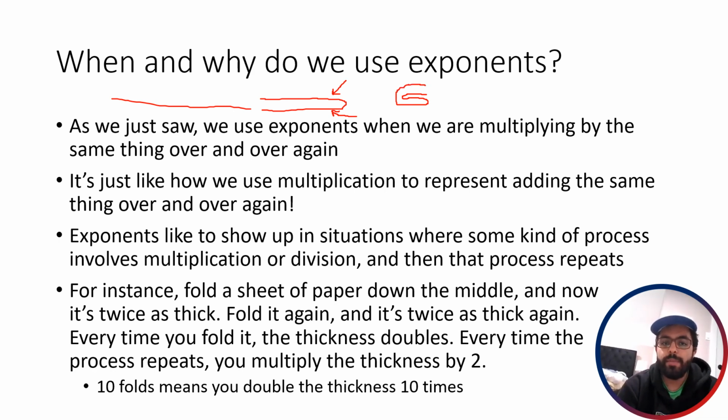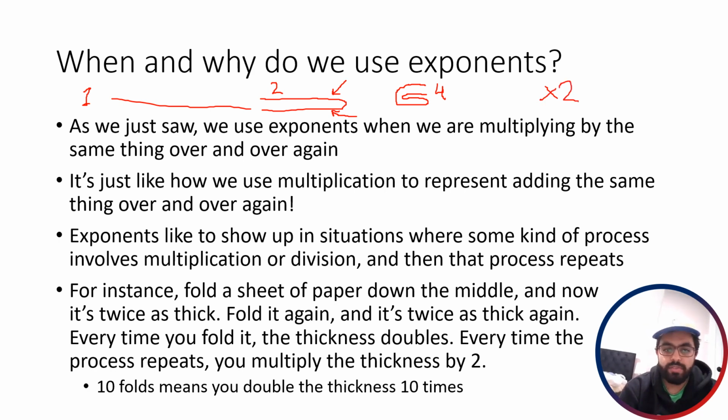So every single time that you fold a sheet of paper, you're doubling how thick that little folded sheet looks, right? So first, if this was 1 millimeter over here, then this will be 2 millimeters, this will be 4, and so on. It'll keep doubling, it'll keep multiplying by 2 every time that you fold it.